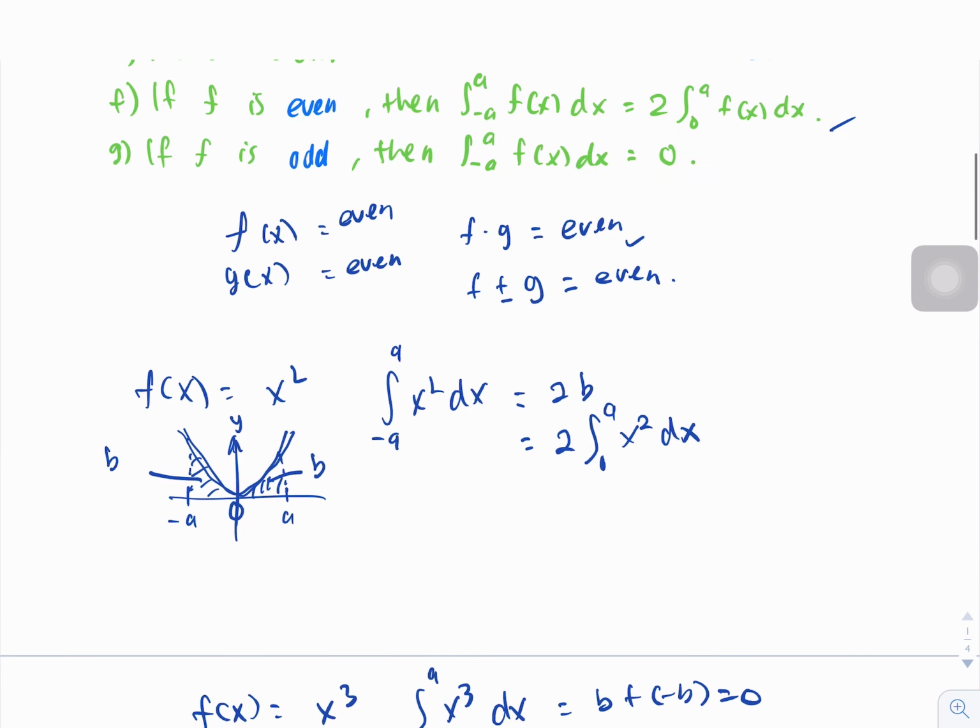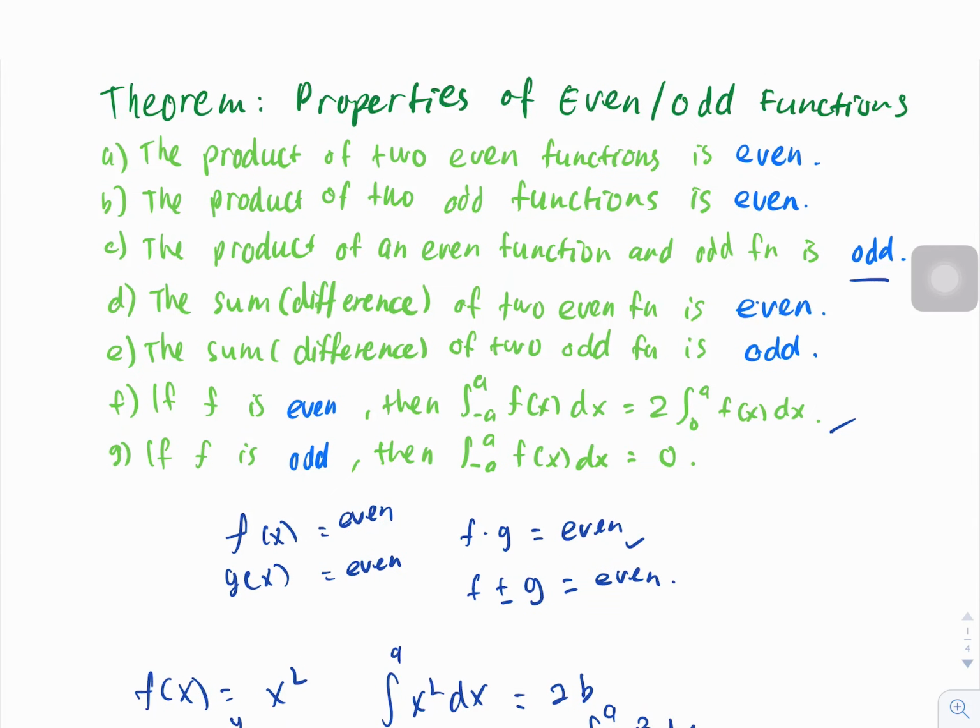So that's why this theorem said that if f is odd, if we integrate an odd function from negative a until a, we will get 0. Before we go into Fourier cosine and sine series, you have to know these properties.